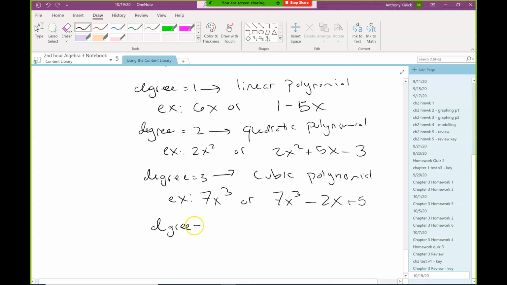So if we have a degree 4, we call this a quartic polynomial.